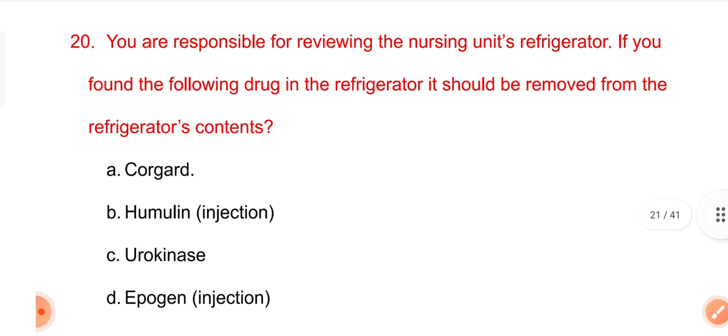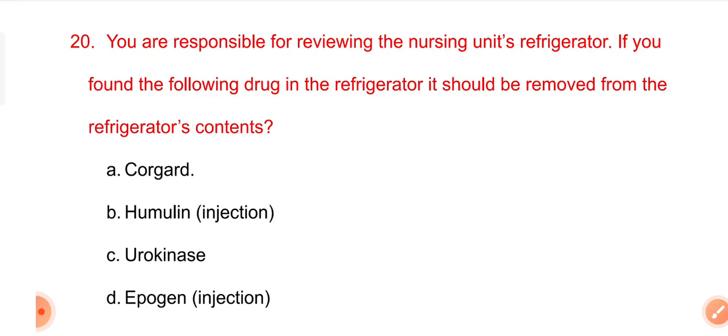The next question is: you are responsible for reviewing the nurse unit's refrigerator. If you find the following drug in the refrigerator, it should be removed from the refrigerator contents. If you see these four drugs in the refrigerator, which drug should not be kept in the refrigerator?